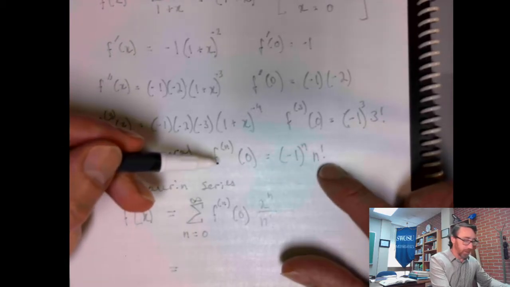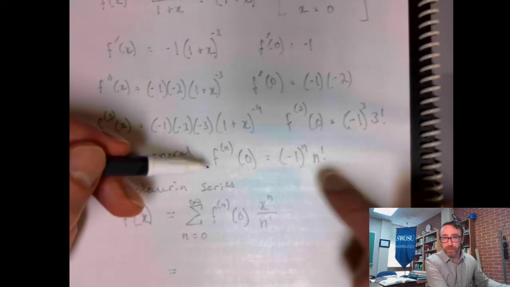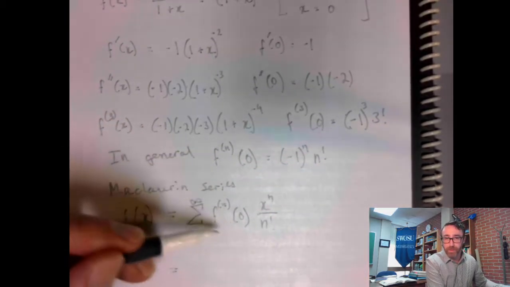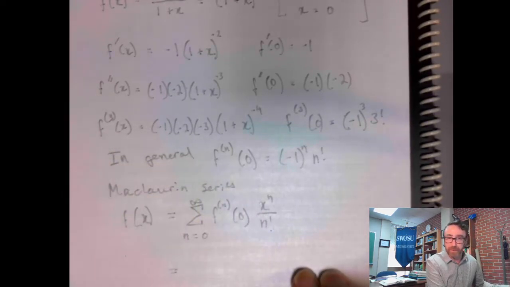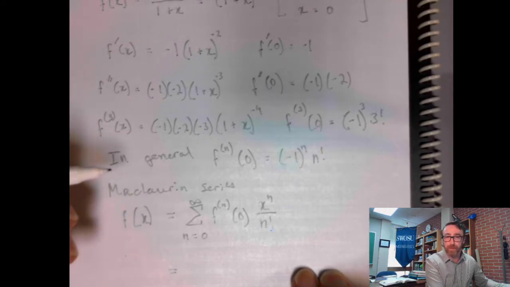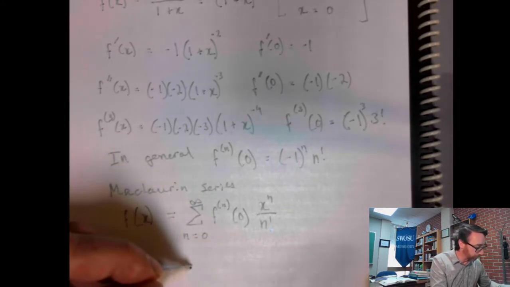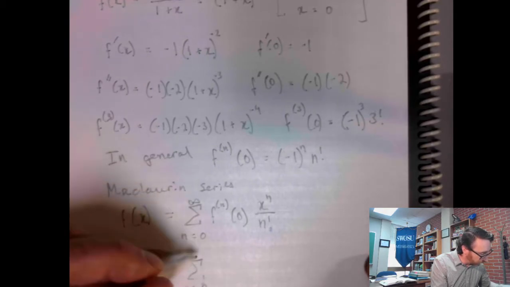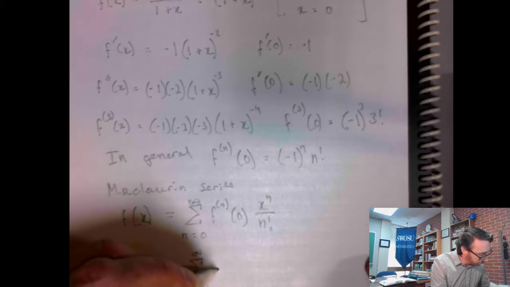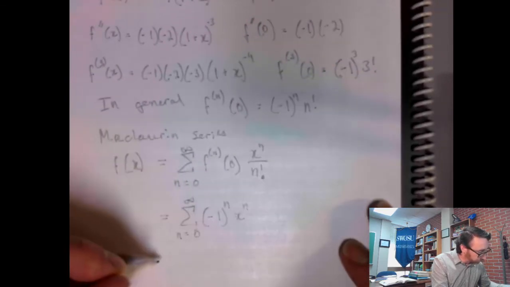Well, we just got a formulation for what this is. It involves n factorial. So this term is going to cancel out the n factorial that we have in the denominator from the definition of our Maclaurin series. And what we get is this: the sum from n equals 0 to infinity of negative 1 to the n, x to the n.